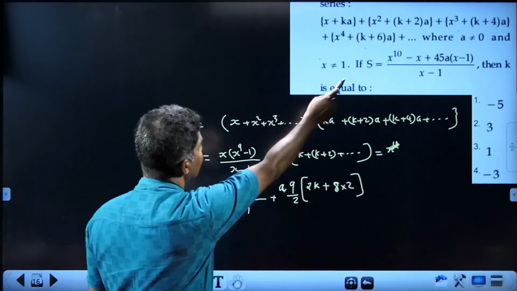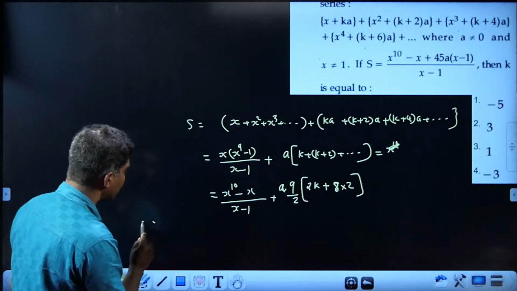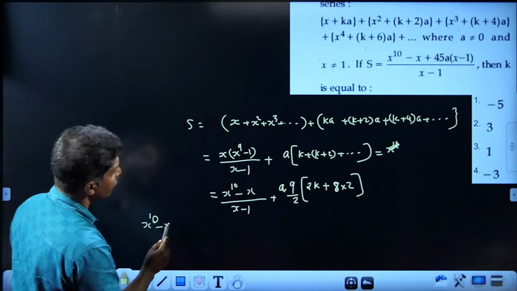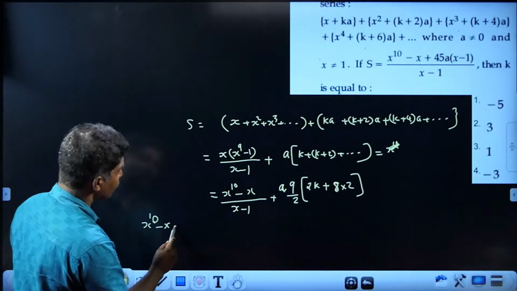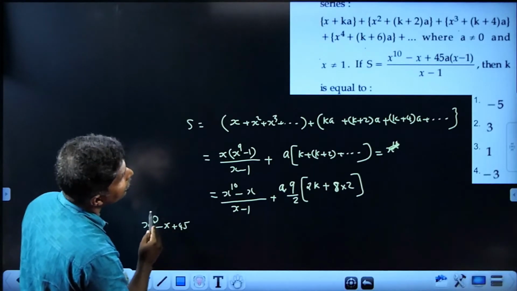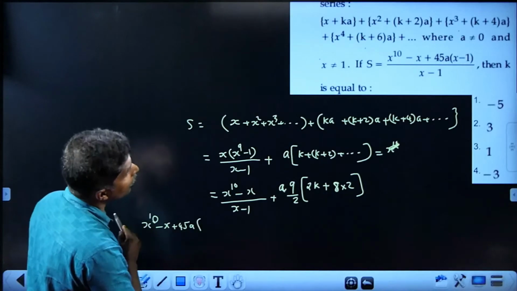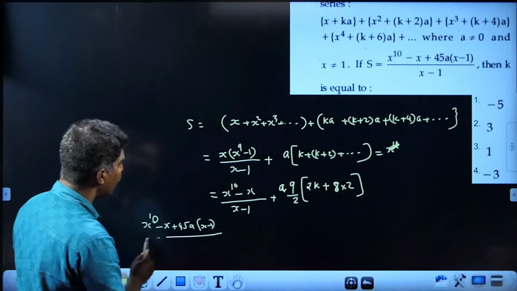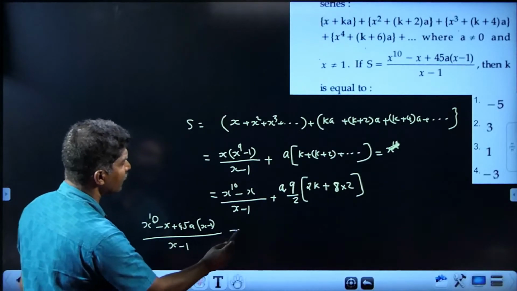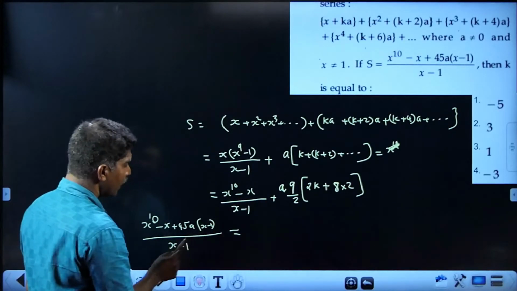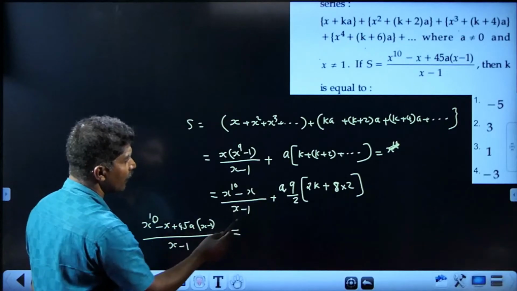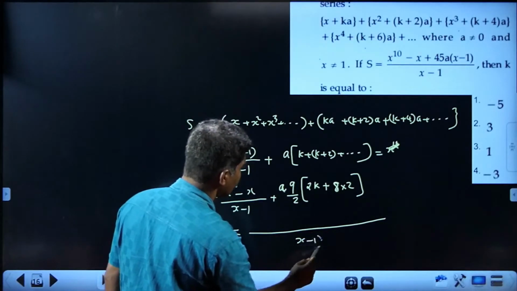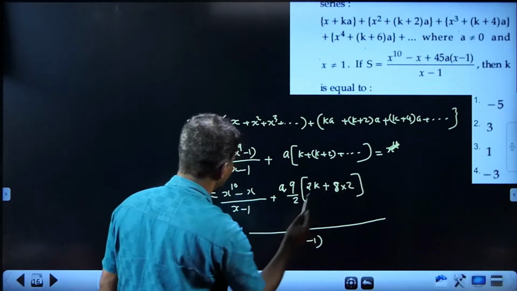Now it is given that x raised to 10 minus x plus 45a into x minus 1 divided by x minus 1 is equal to this one. So here x minus 1 is common, so here also we will take the common x minus 1. This x minus 1 I will multiply here also.